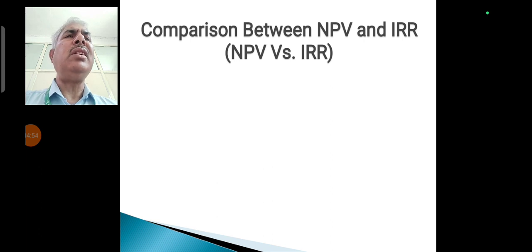Under the NPV method, a proposal is accepted if its net present value is positive, whereas under the IRR method, it is accepted if the internal rate of return is higher than the cutoff rate. The projects which have positive net present value obviously also have an internal rate of return higher than the required rate of return.